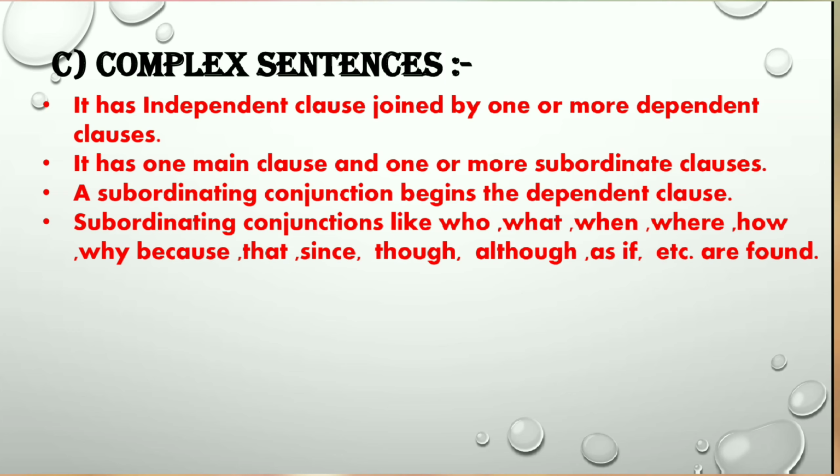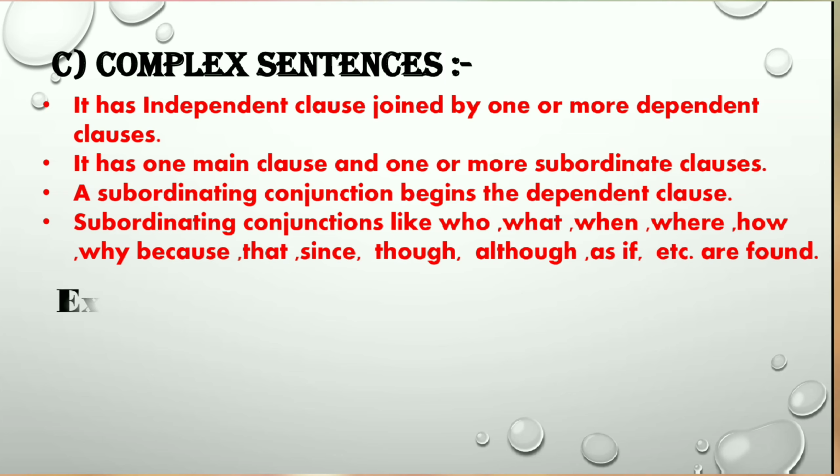Now, subordinating conjunctions like who, what, when, where, how, why, these are all WH words, because, that, since, though, although, as if, etc. are found in these complex sentences. Now, in complex sentences, you have one independent clause and one or more dependent clauses. These dependent and independent clauses are joined together with these subordinating conjunctions.